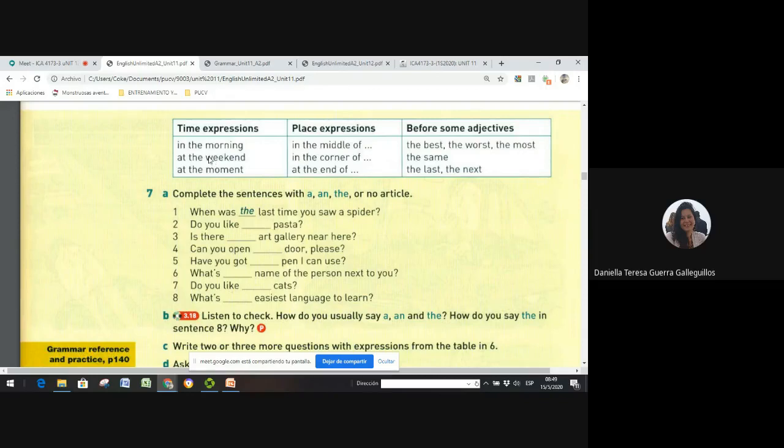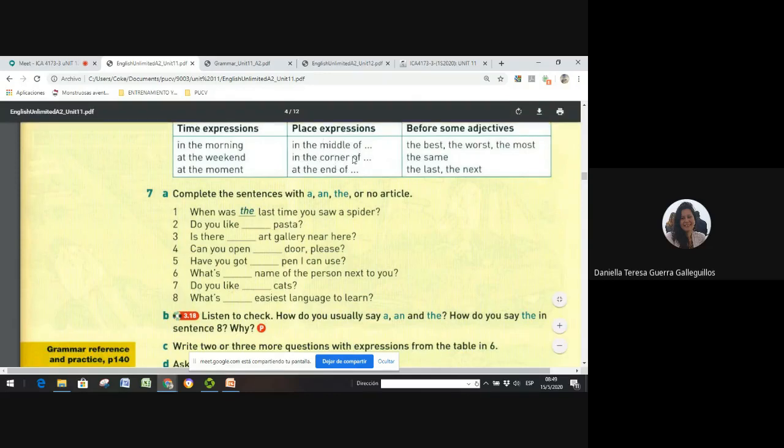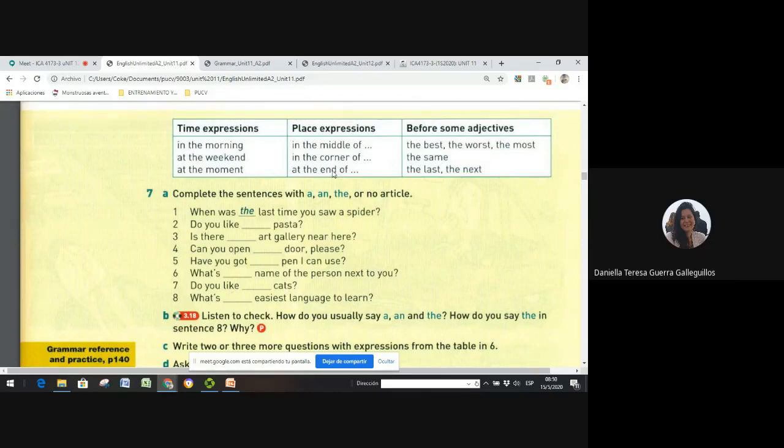Another expression, at the weekend. ¿Se fijaron que esto es británico? At the weekend. At the moment. For place, in the middle of, like in the middle of the night. In the corner of, a la esquina. Esto sí, si saben en fútbol, a personas que les gusta el fútbol, no tiran un tiro de corner, es de esquina.